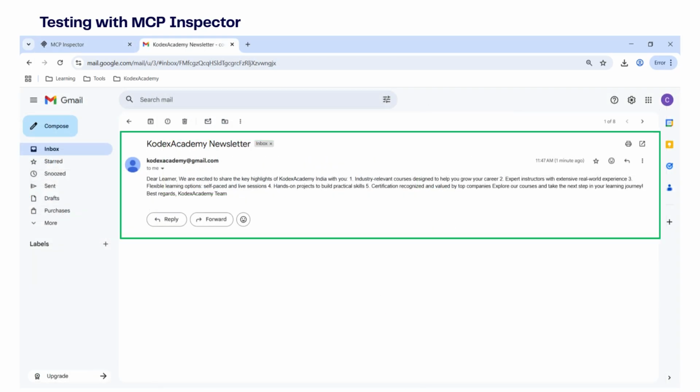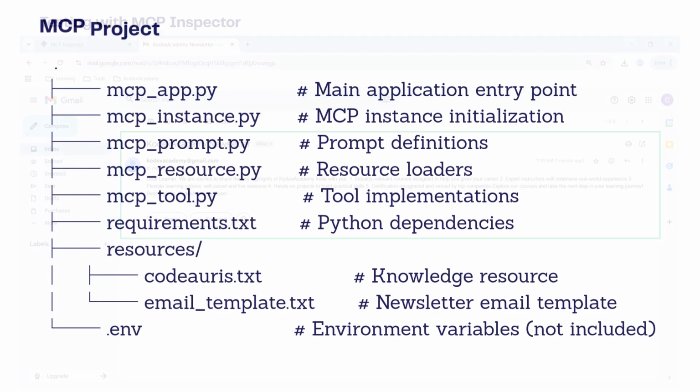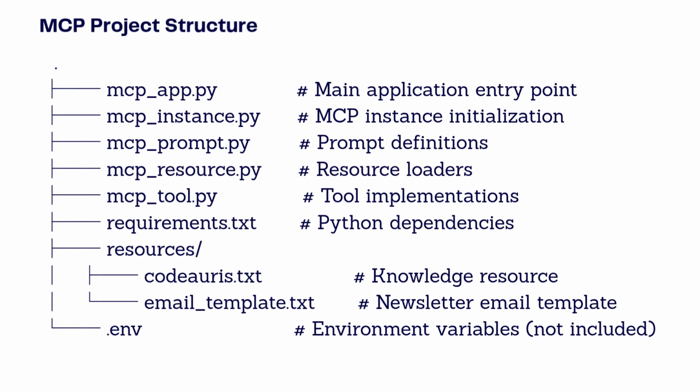If we check our inbox, there it is, the newsletter email has been successfully delivered. That confirms that our MCP server is not just responding to text-based queries, but can also perform real-world actions like sending emails. And that wraps up our MCP server demo using the MCP Inspector.